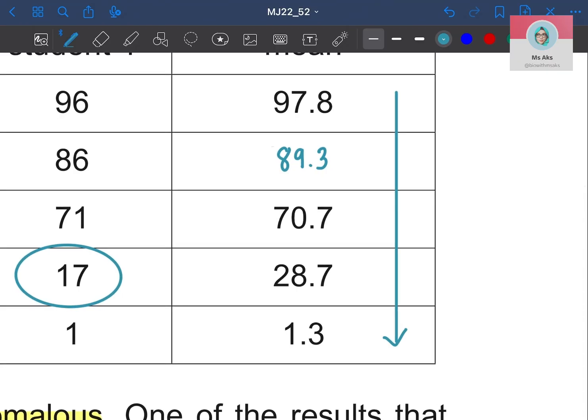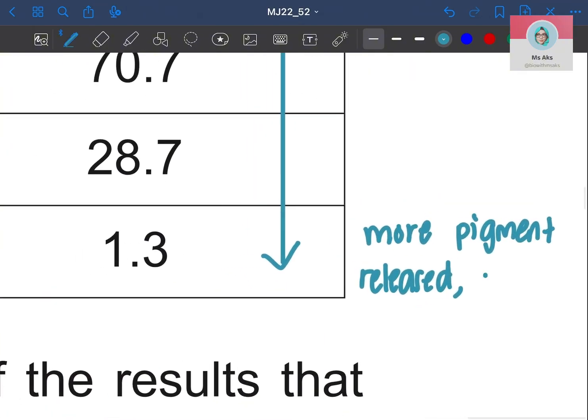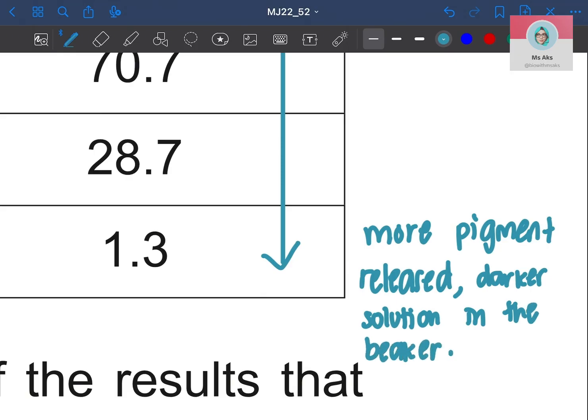So more pigment has been released, resulting in a much darker solution in the beaker. If it's darker, less light can pass through, therefore lower transmission.